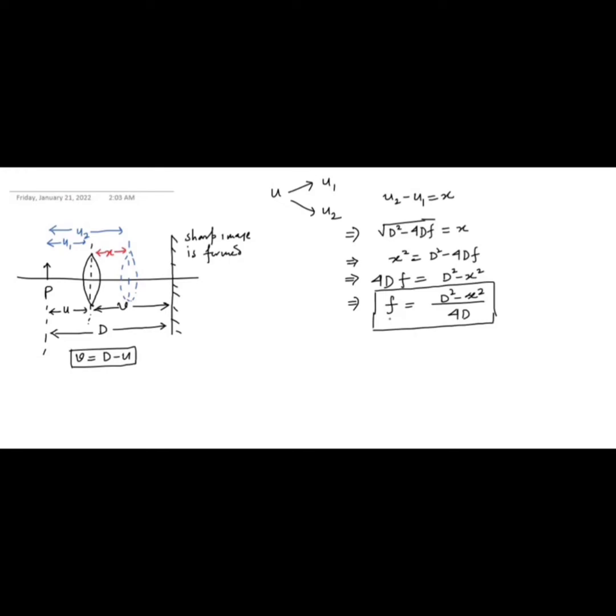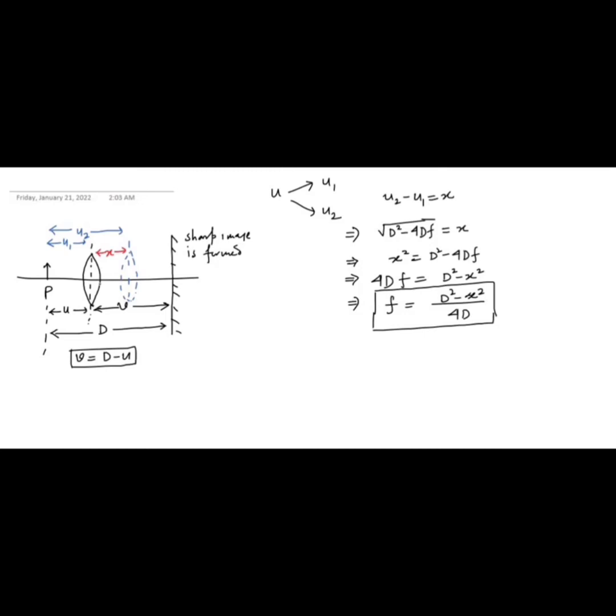This is the focal length of the experimental converging lens. And what is on the right hand side of this expression? D, which is known to us, the distance between the object and the screen. And what is x? X is the shift between the lens.